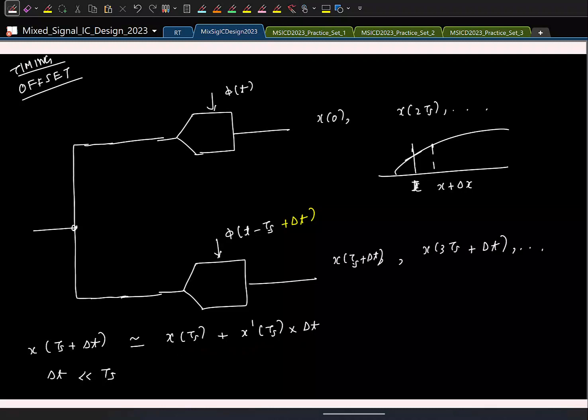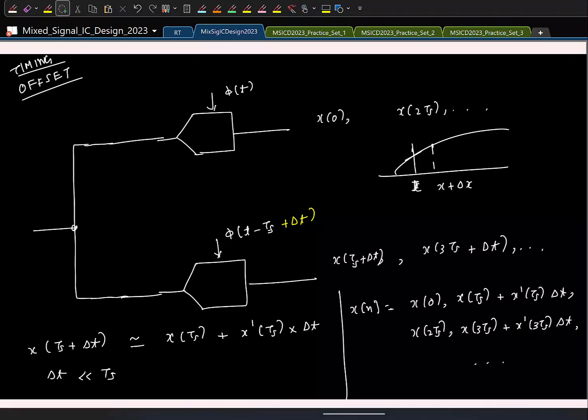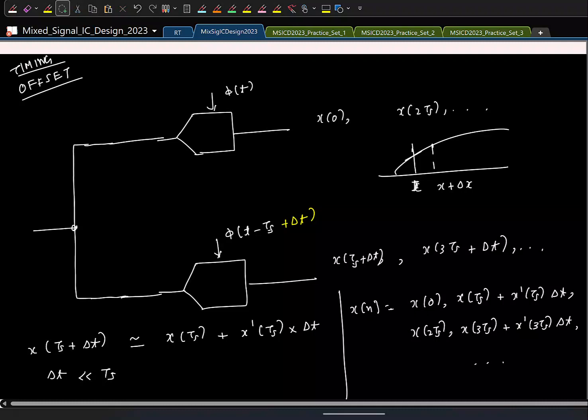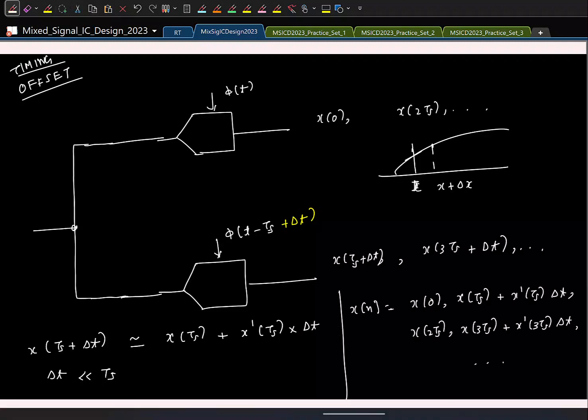Now if I look at the samples I'll get, my x of n is going to be: the first sample is fine, x of 0. The second sample is x of ts plus x dash of ts times delta t. The third sample is x of 2 ts. This will be x of 3 ts. Again, the goal is the same: we try to represent this sequence in terms of the ideal sequence that we should have gotten.